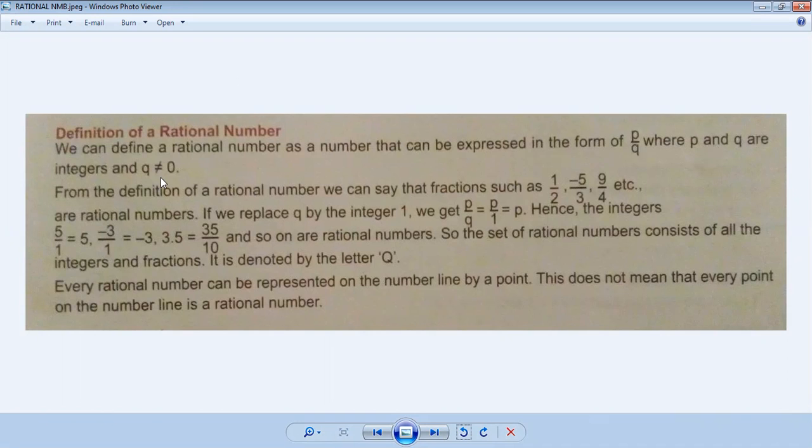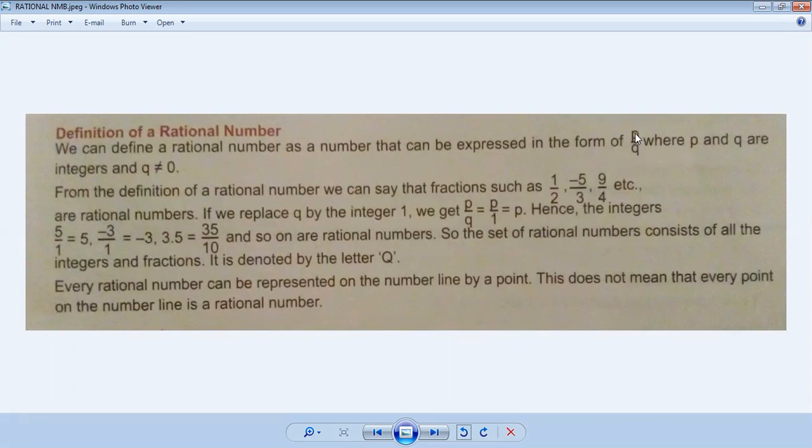So basically this means that rational numbers can be expressed in the form of a fraction. The numbers which are expressed as fractions are basically rational numbers. Here we have represented the fraction with the help of two variables p and q. We said that rational numbers can be expressed in the form of a fraction, let it be p upon q, where p and q are integers.